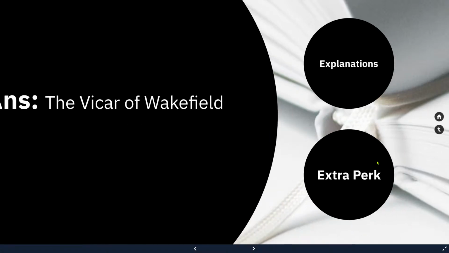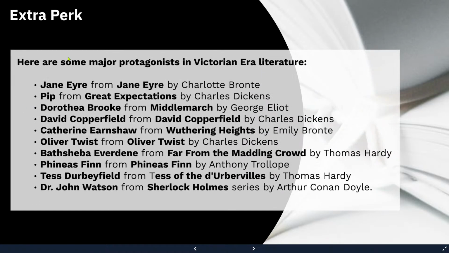And we have added an extra perk for it. Here are some of the major protagonists in the Victorian era. I have charted out about 10 characters here. Jane Eyre from Jane Eyre by Bronte. Pip was the character in Great Expectations. Dorothea Brooke was from Middlemarch. David Copperfield from the title David Copperfield.